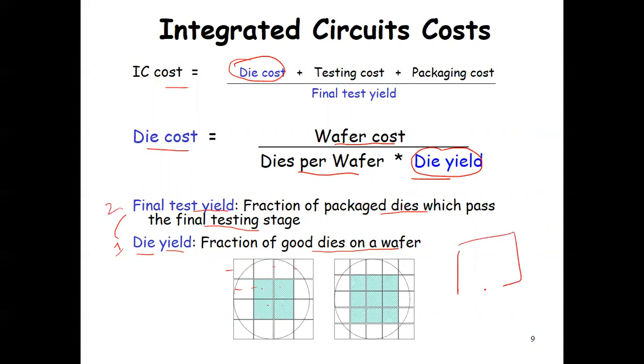Initially you have the wafer. On the wafer we place dies, but not all of them will be successful. Only a fraction will be placed successfully, and that fraction is called die yield. After that it goes for testing, and whichever comes out successful after testing is called final test yield, right?